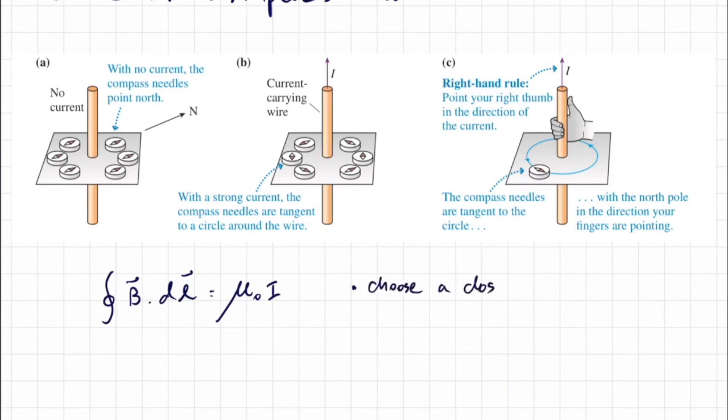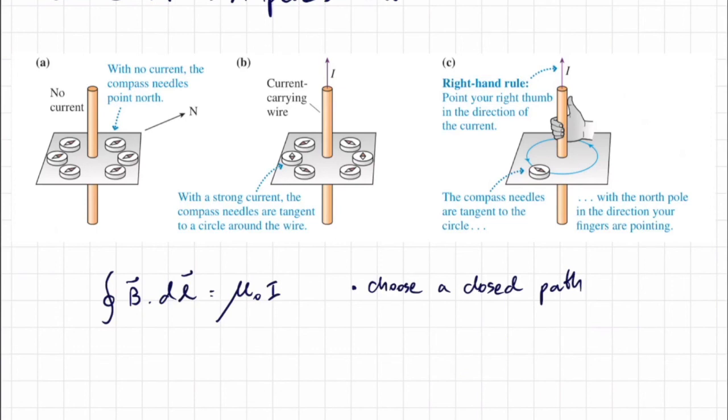What does that mean? It means you have to choose a path where it ends up where you started from. You cannot choose a path that is not closed, something like this. This is not going to be applicable for Ampere's law.